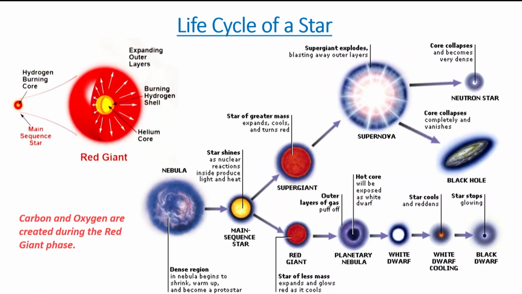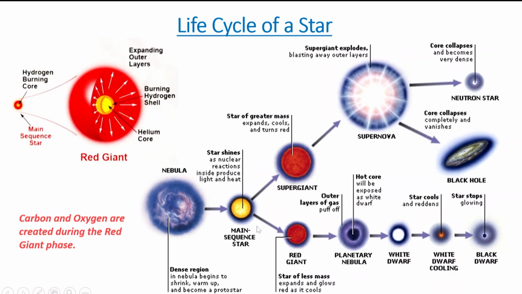Sometimes the core might collapse and become very dense, like we get to see in a neutron star. The other possibility is that the core collapses and completely vanishes, and what we refer to as a black hole. We still don't know much about black holes, but this is a possibility of how a black hole might have formed.